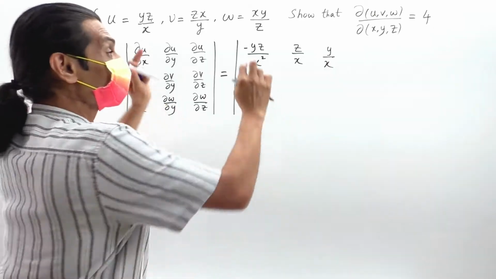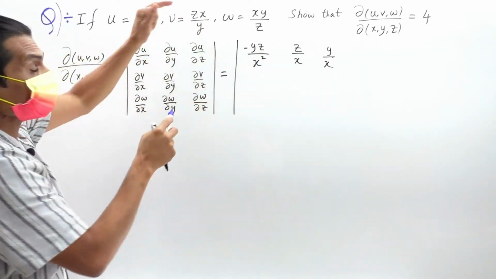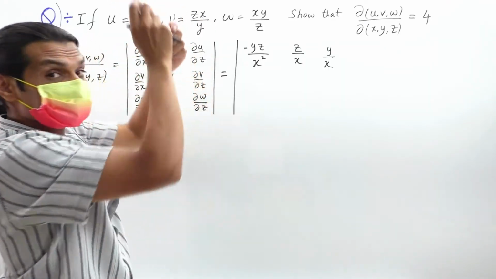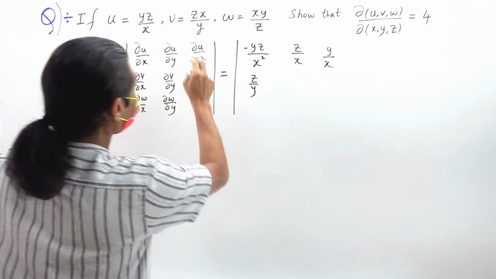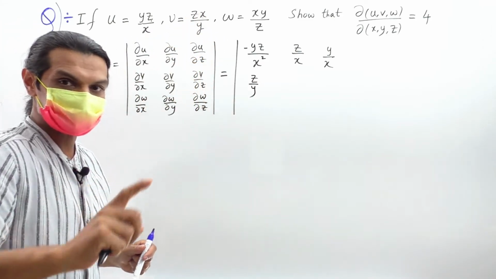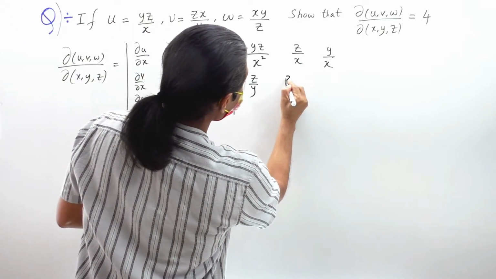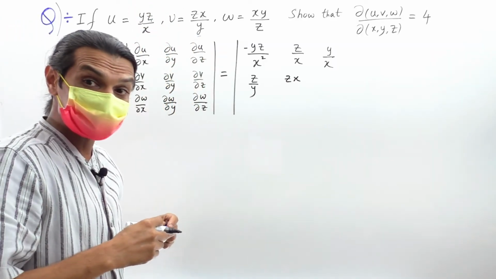Got it clearly? Next, dou v by dou x, see here, v is zx by y. X is in the numerator. So z by y, don't touch it, as it is. Differentiation of x is 1. That's it. Dou v by dou y. Here again zx as it is, y is down here in the denominator.